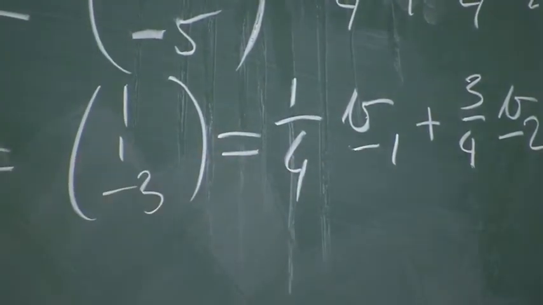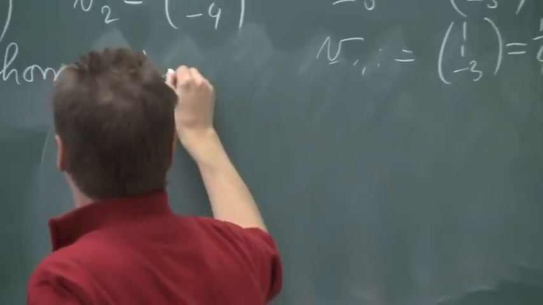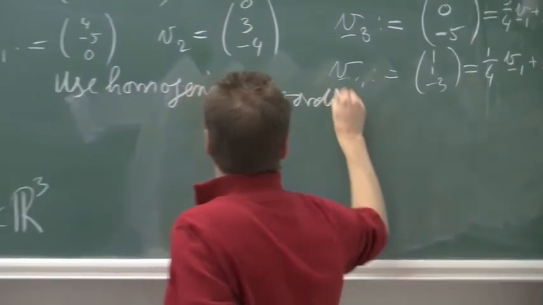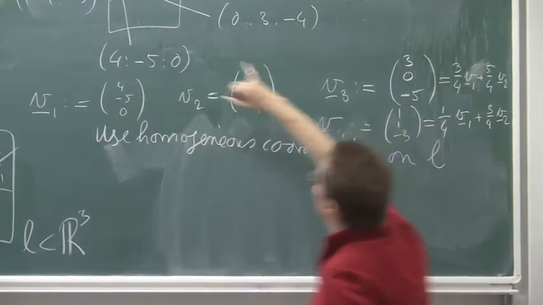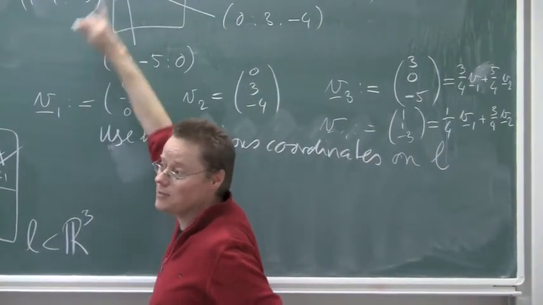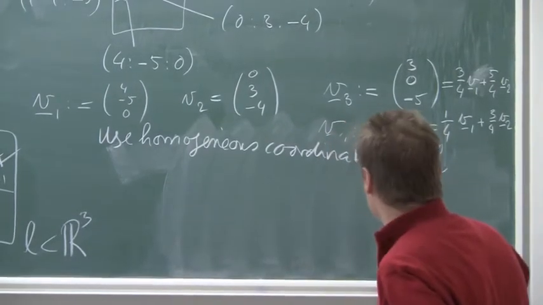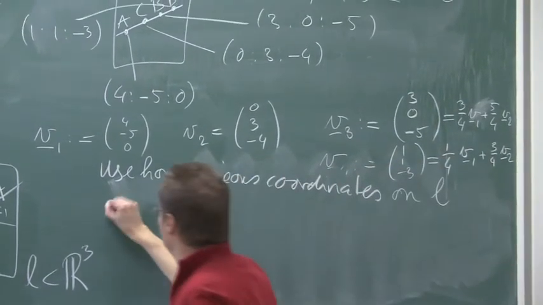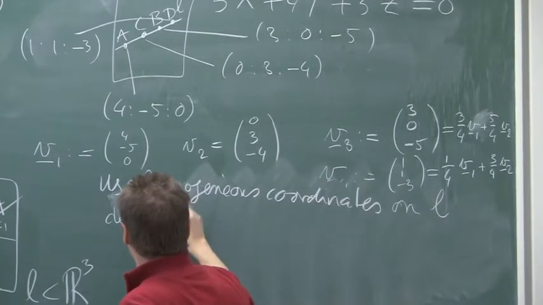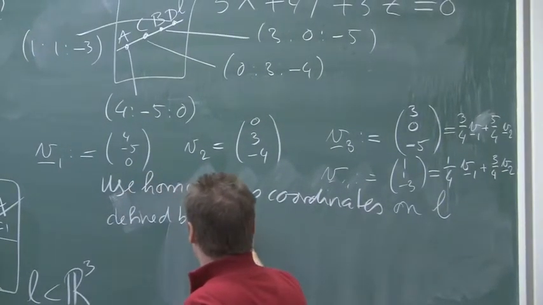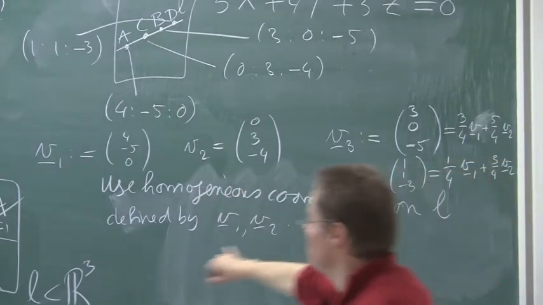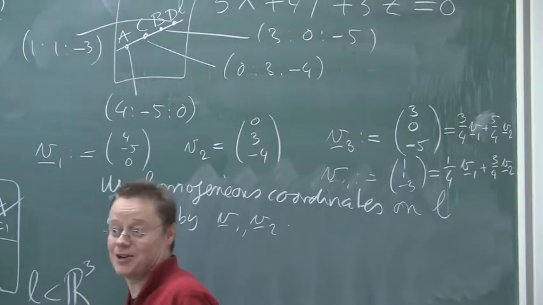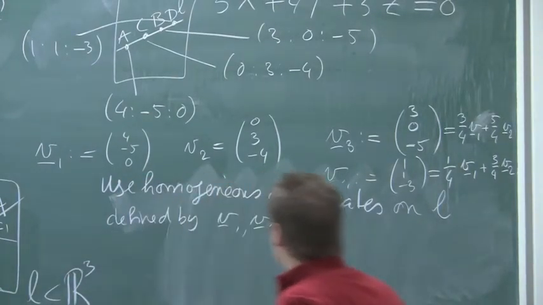Okay, so now we use homogeneous coordinates on this line L. Line L we're looking at, defined by V1, V2. V1, V2 is the basis of L viewed as a plane in R3.